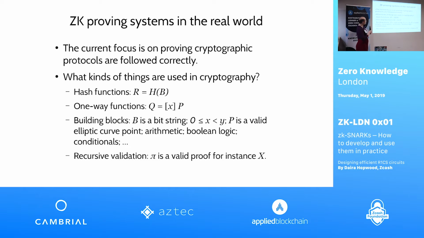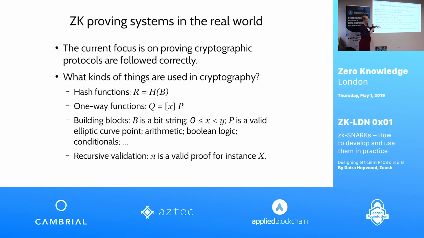So the kind of things that we might want to include in our statements are just the things that we use in cryptographic protocols. So hash functions, one-way functions. So this is an elliptic curve multiplication used in public key cryptography. This is base points, secret key, public key.